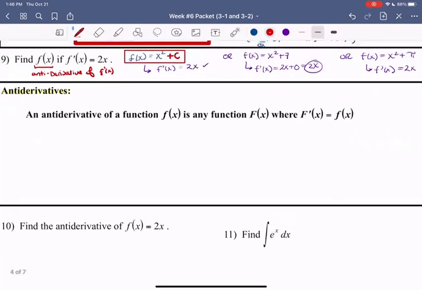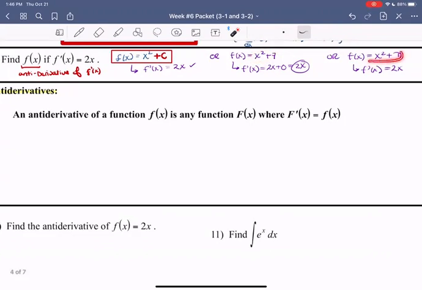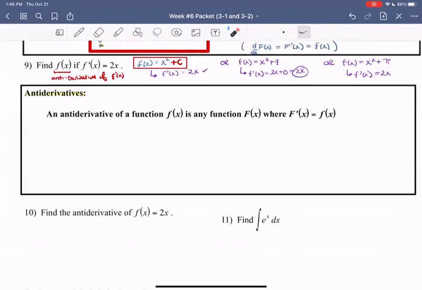So in this previous example, an antiderivative would be x squared. An antiderivative of 2x would be x squared plus 7. Another antiderivative would be x squared plus pi. So often we refer to all of these antiderivatives as a family of functions.